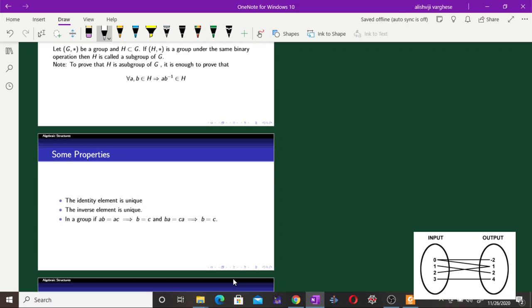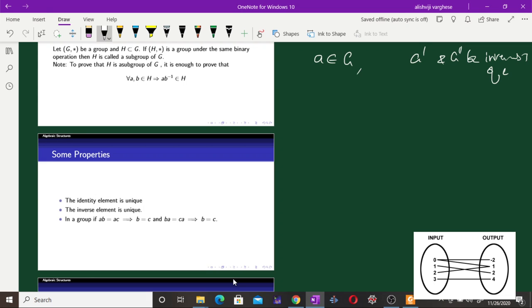So let us assume that A belongs to G, a group, and let A dash and A2 dash be the inverses of A. So there are two inverses for A.